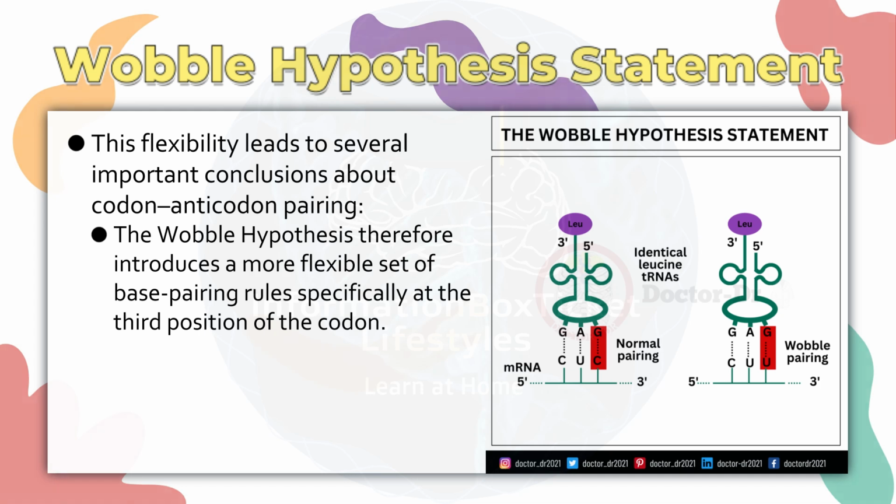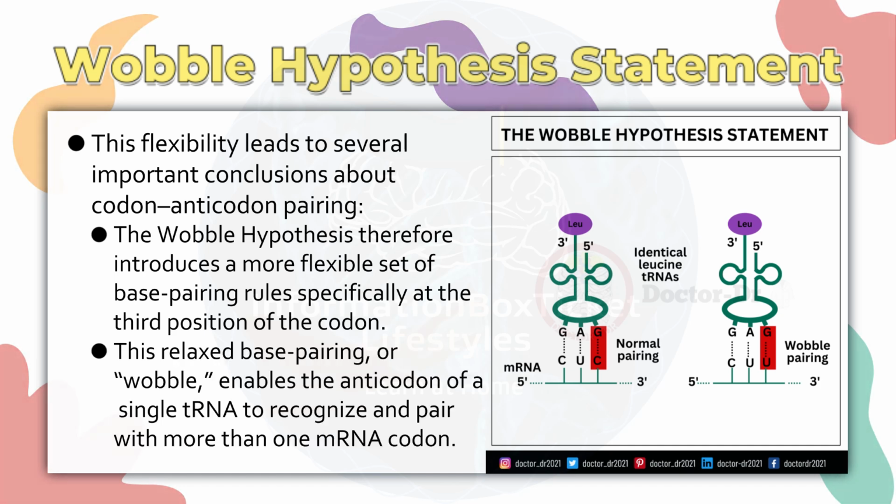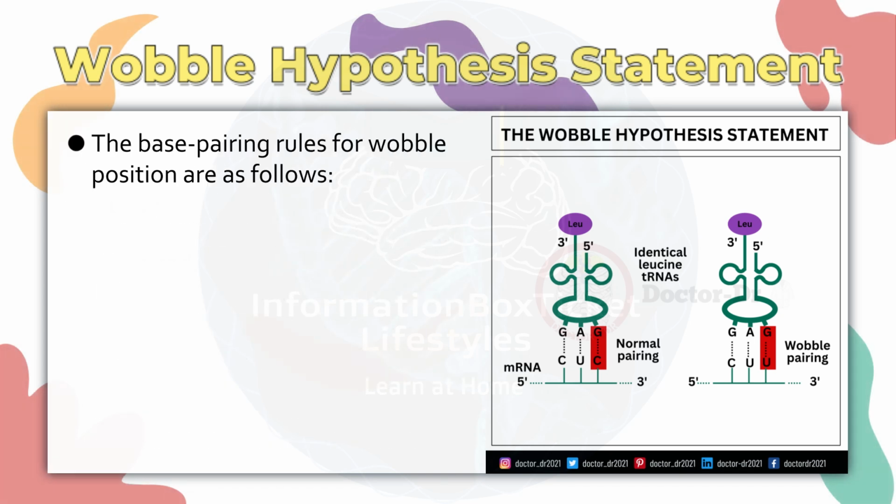The Wobble Hypothesis therefore introduces a more flexible set of base pairing rules specifically at the third position of the codon. This relaxed base pairing, or wobble, enables the anticodon of a single tRNA to recognize and pair with more than one mRNA codon. The base pairing rules for wobble position are as follows.